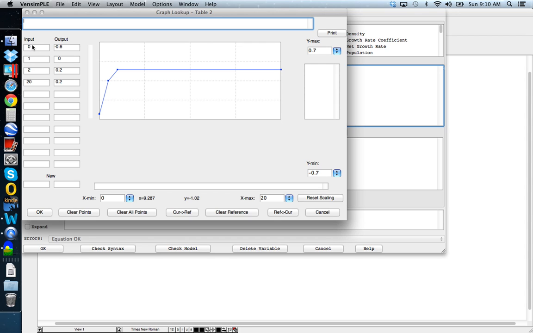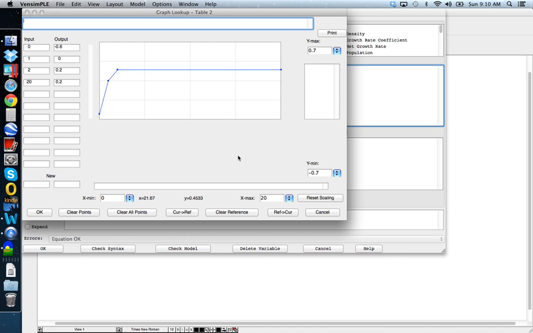You have first the inputs and the outputs given in 2 columns, and the inputs are denoted by X. There's an X minimum and X maximum that you can put in. In this case, it's 0 and 20. And there's a Y min and a Y max, which in this case were selected as these 2 values.